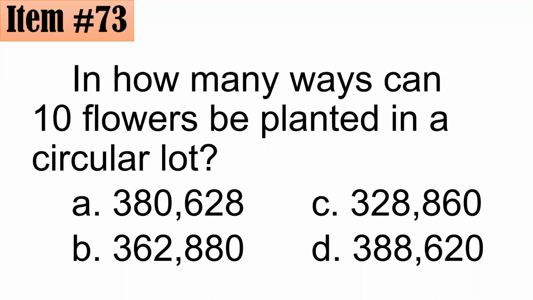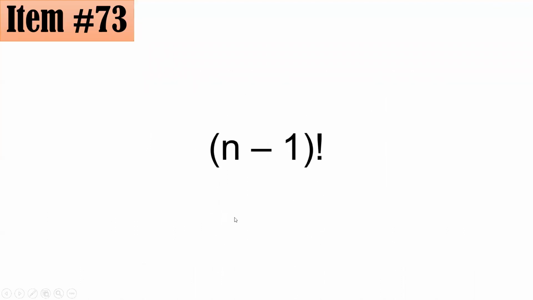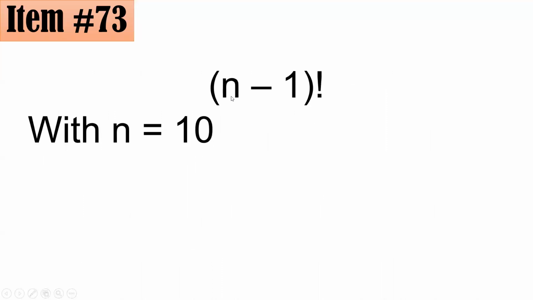So this one po, circular po yung lot natin. So could someone please tell us po, ano nga po yung formula for the number of permutations in a circle? N minus 1 factorial po. Tama po. So that's n minus 1 factorial, where n represents the number of distinct objects.